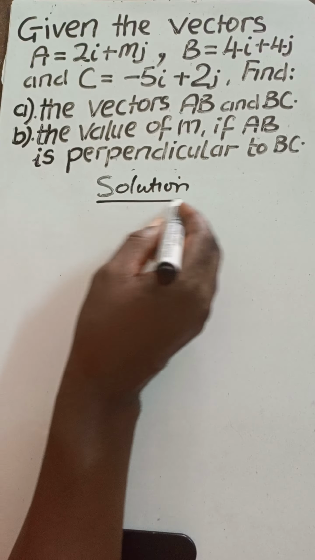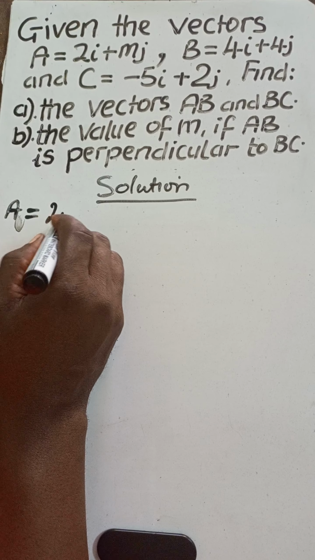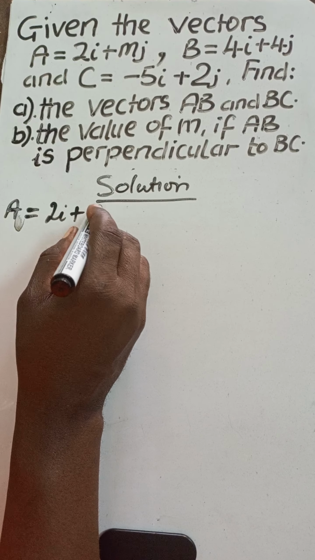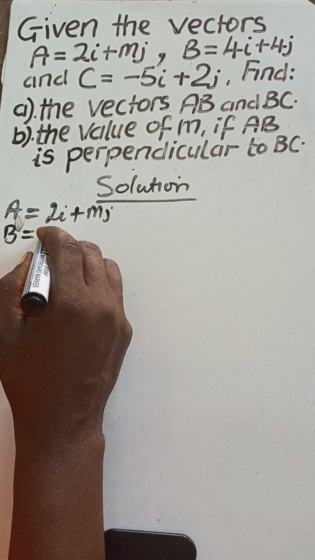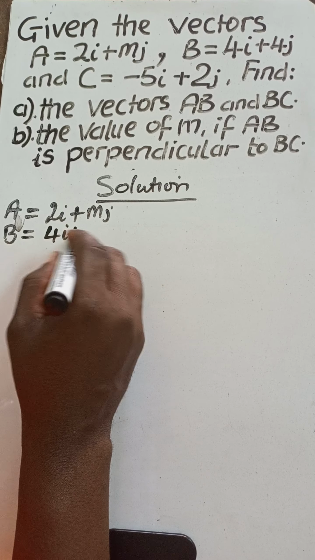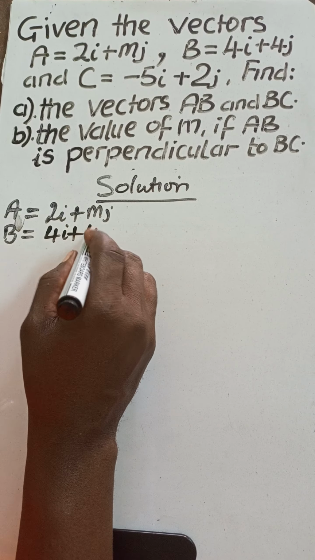Okay, let's start again by collecting our position vectors. The point A has position vector 2i plus mj. The point B has position vector 4i plus 4j.